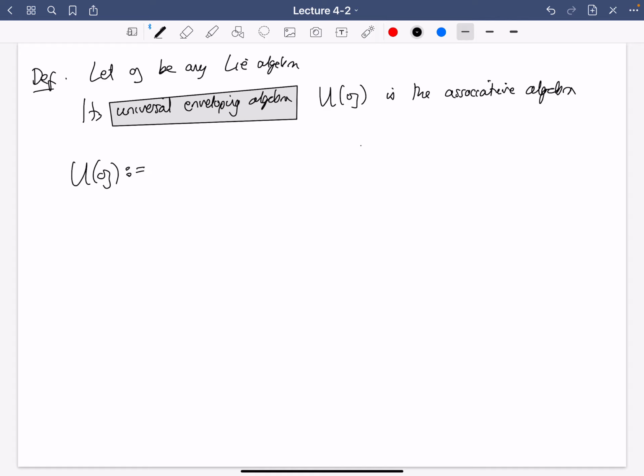So here's the definition. You take the vector space G and you form the tensor algebra, that's the free associative algebra on that vector space.